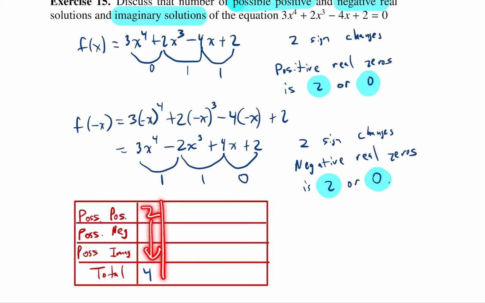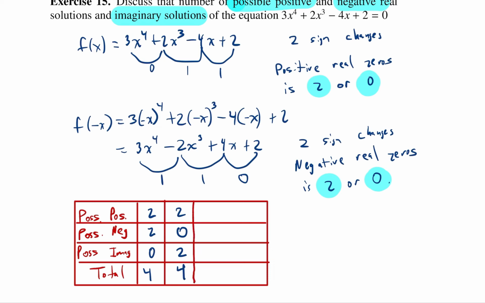So we have 2, and negative possible would be 2 as well, which means that this would have to be 0. The other possibility is that this is 2 again. This is 0 because it can be 0 as well, and that would mean that there would have to be 2 imaginary in order for the total to be 4 again.